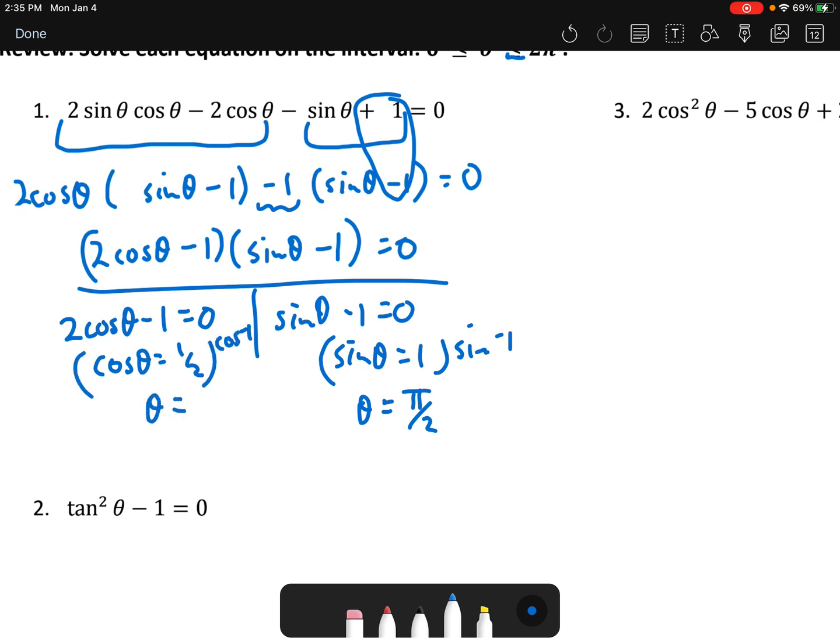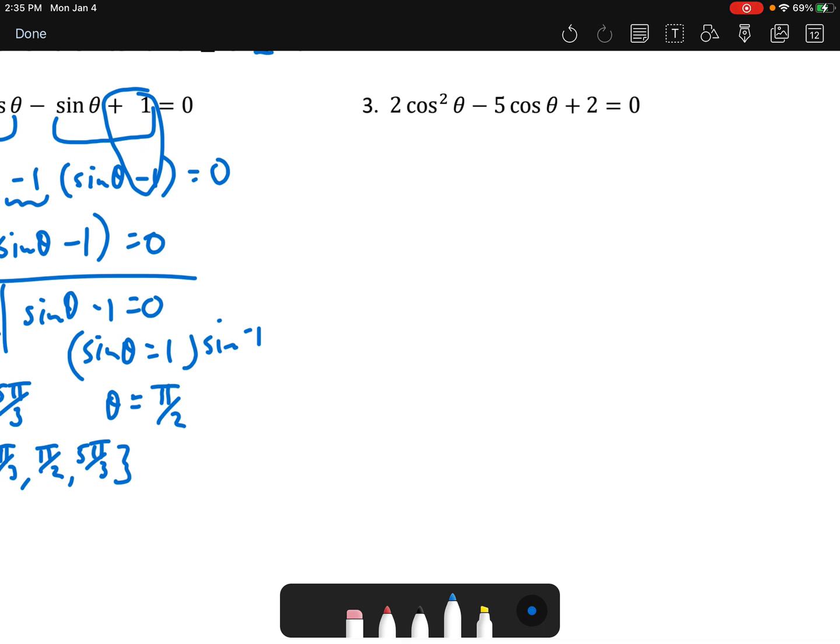Now you have to ask yourself, when is cosine 1/2? Cosine is 1/2 at pi over 3 and 5 pi over 3. So the solution set for theta in this case would be pi over 3, pi over 2, and 5 pi over 3. So that's a factoring by grouping problem.